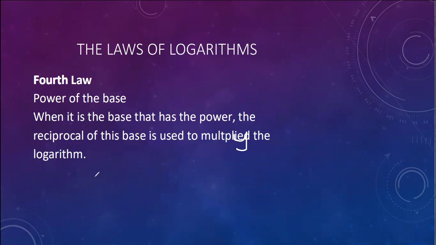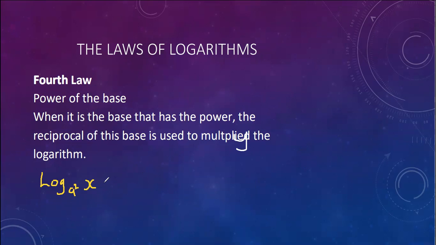So let's say we have log. What this means is that when you have log, the base is a, but we have log x in base a, and then the power is 2.